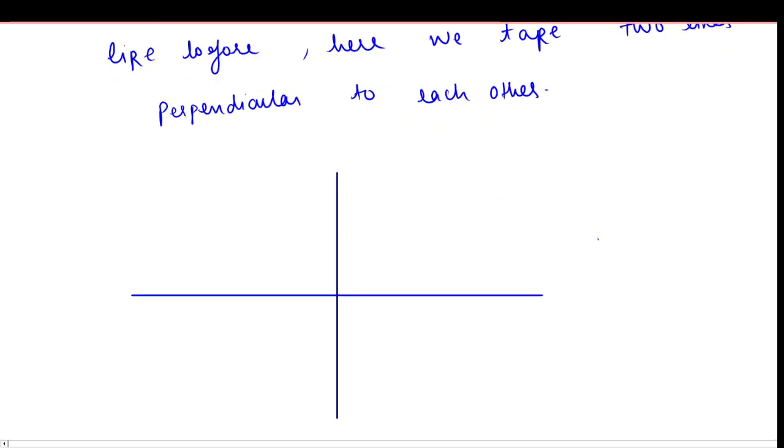So this is a graph. This is the y-axis and this is the x-axis. Here we plot the points on two lines perpendicular to each other.